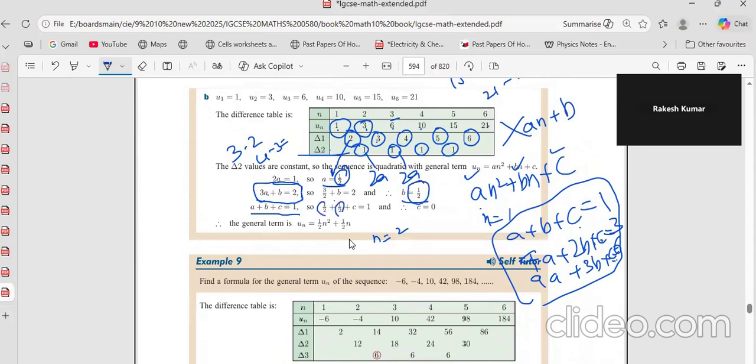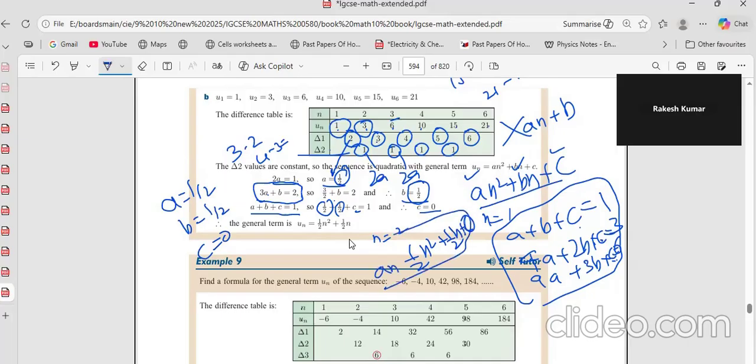We put it here, and I get c as 0. So the nth term is half n square plus half n.